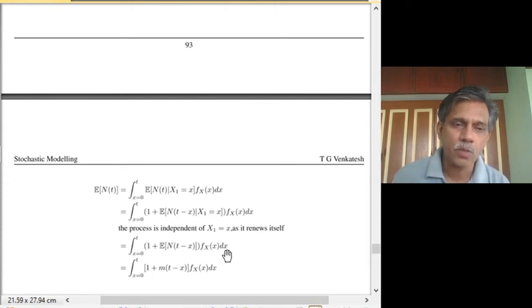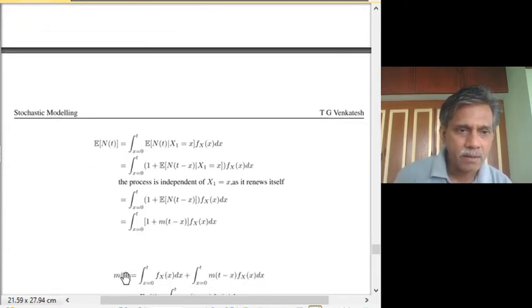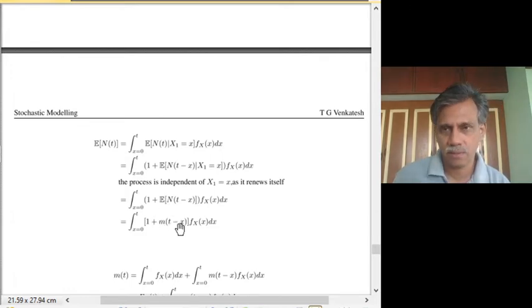Now let us substitute for the expectation of N(t) the renewal function, denoted as m(t). So this would be 1 plus m(t minus x), since m is a function of the interval.